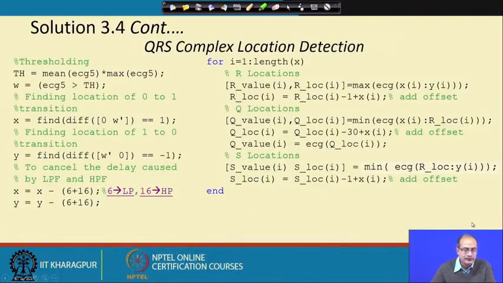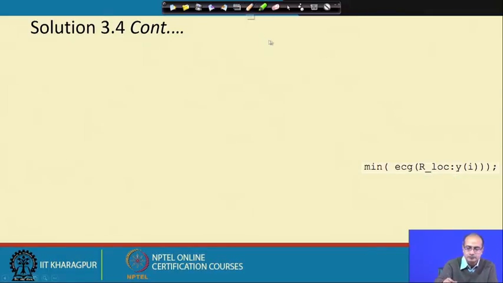We have to take a threshold and find out what is going above the threshold and when it is coming down, and that is what we are doing here.